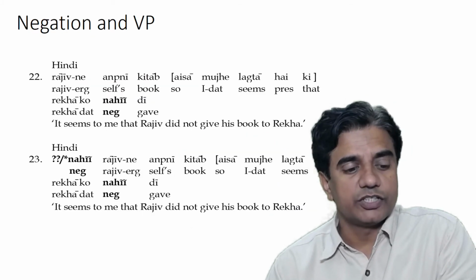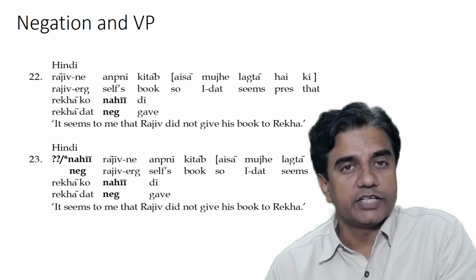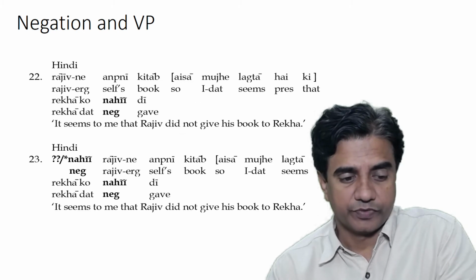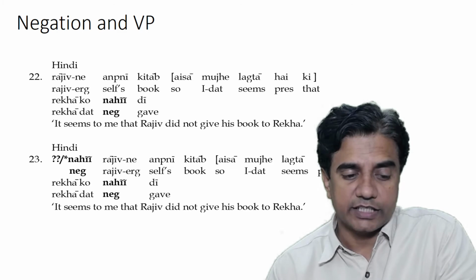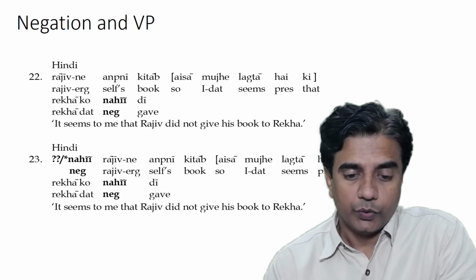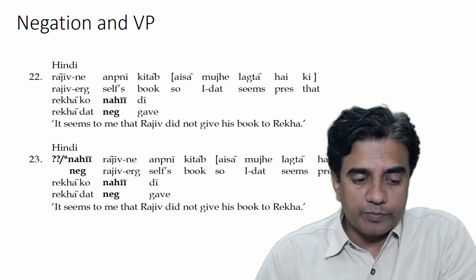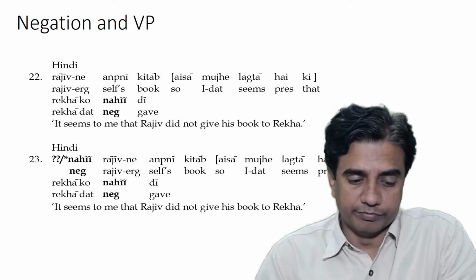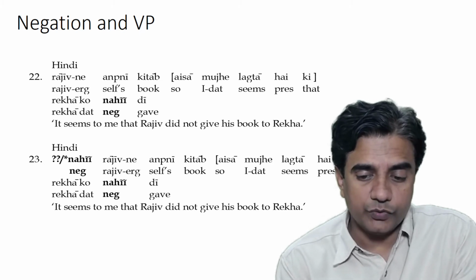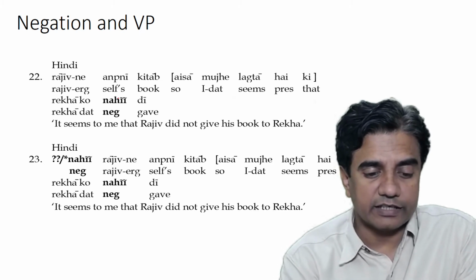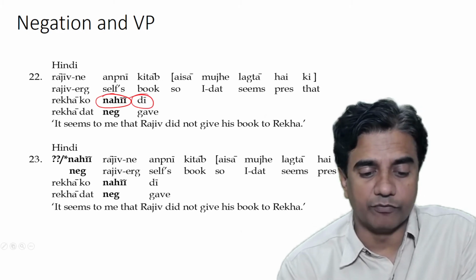Sentences 22 and 23 help us understand negation and the verb phrase. We see that there is an embedded clause in 22, which is in between the object and the verb. And we do see that the negative element still occurs to the left of the main verb.